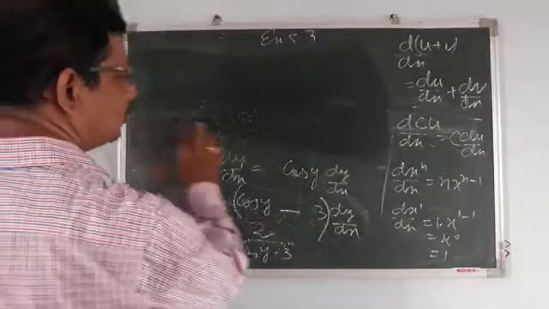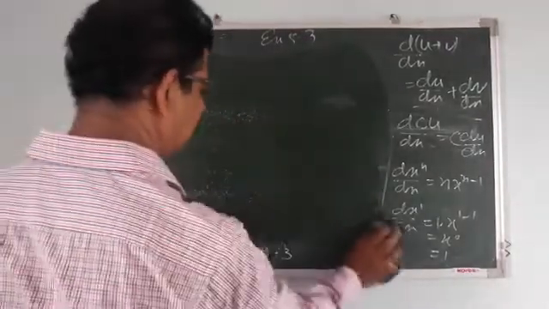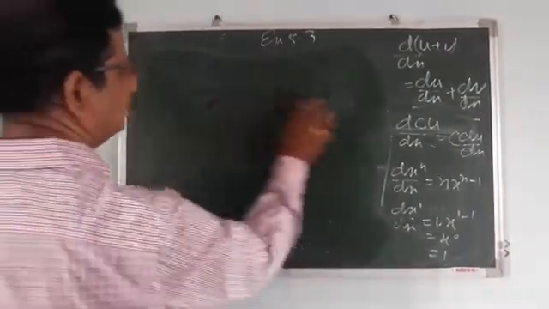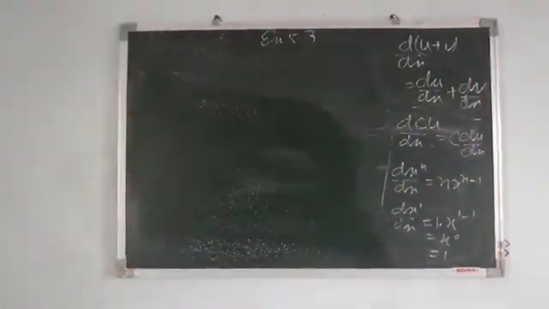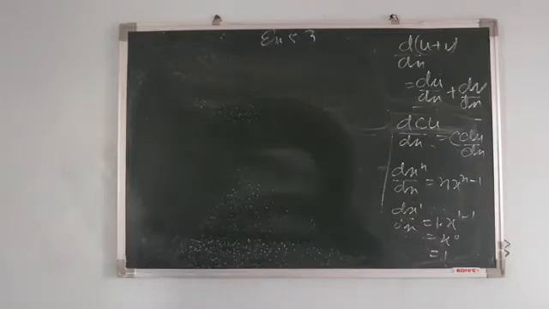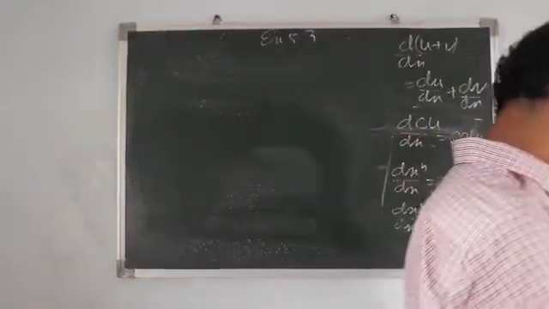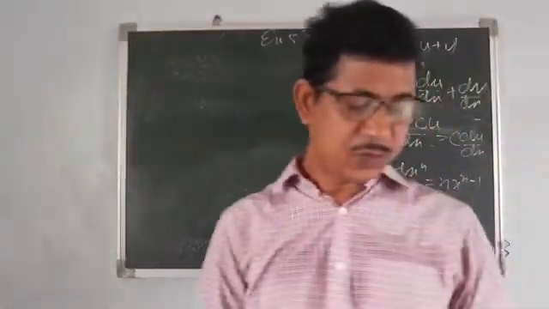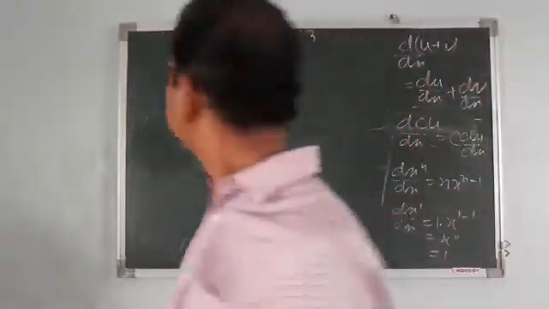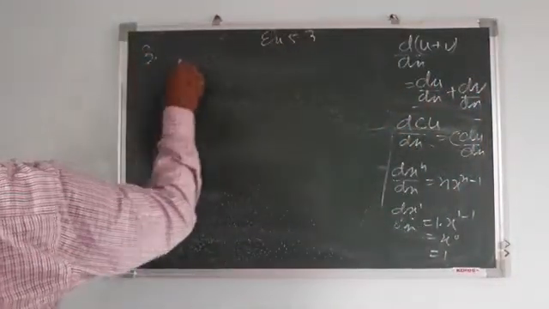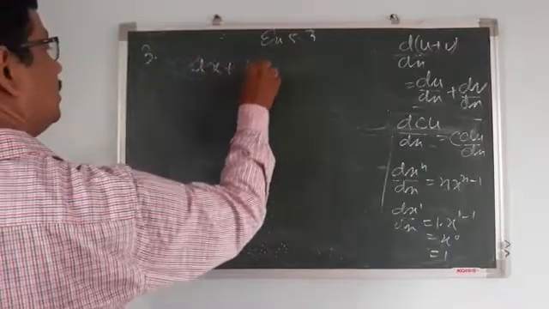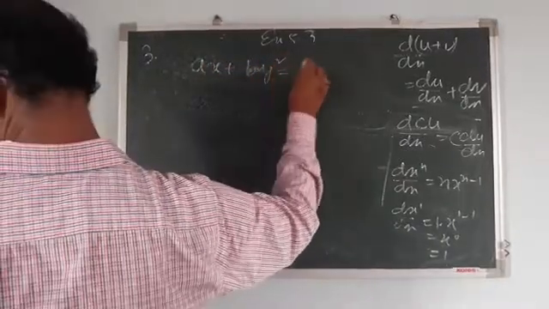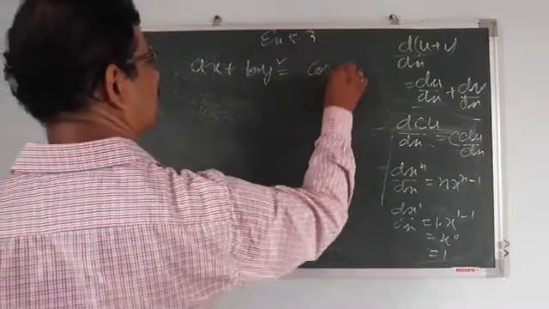Now we will do question number 3. Question number 3, it is given. ax + by² = cos y.